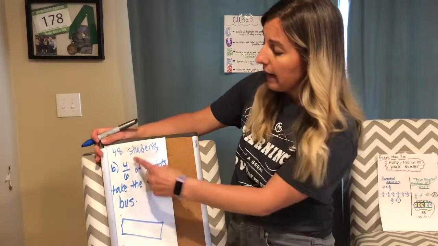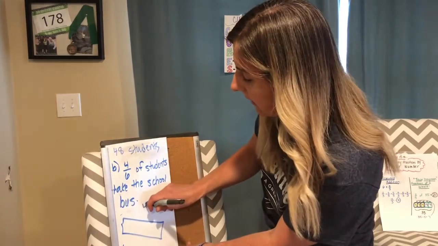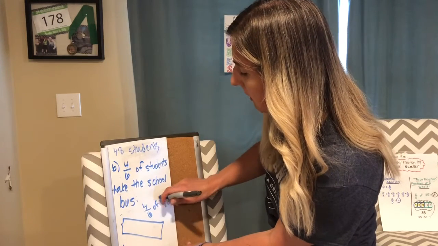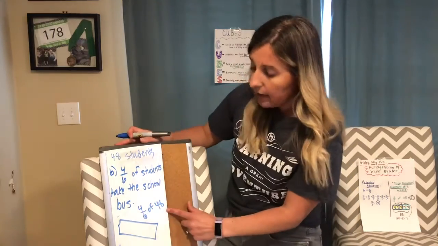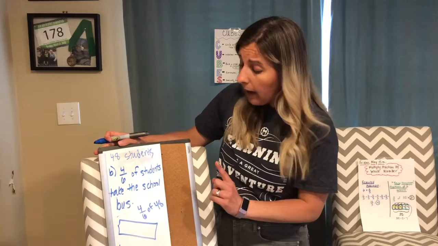And now I want to find out 4/6 of 48. Sorry, that's sloppy. Okay, so now in this one, I'm not going to do this one all for you, but I'm going to set you up.